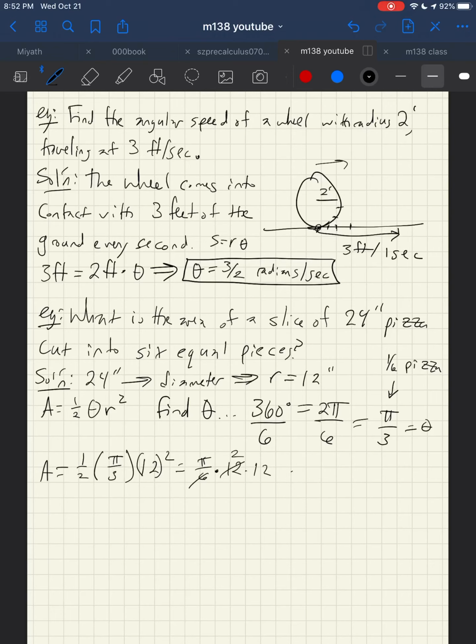But these will cancel, leaving 2, so I get 24 pi square inches. You could write sq in or sometimes in squared. Either way, I'm not going to be too fussy about units. I just want to show you a bunch of different ways to write these units. Hopefully this made sense.